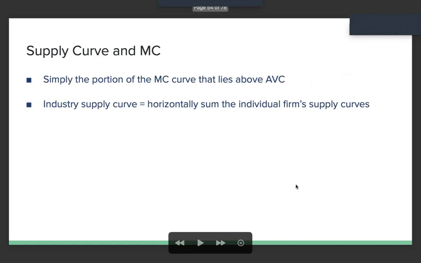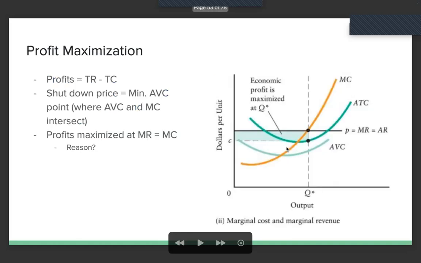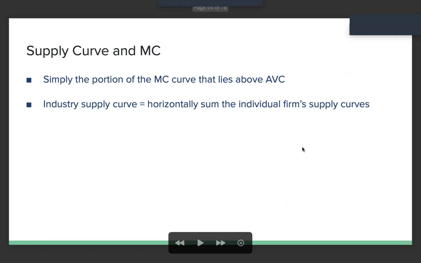Okay, let's move on. Supply is just the part of the MC curve that lies above the AVC, so the rising part above the AVC. From this point, the MC is the supply curve, because suppliers would want to supply at prices that are at least covering the marginal cost.